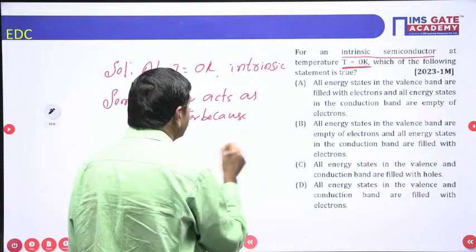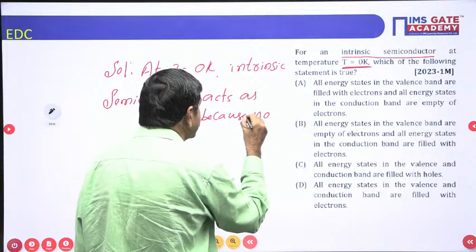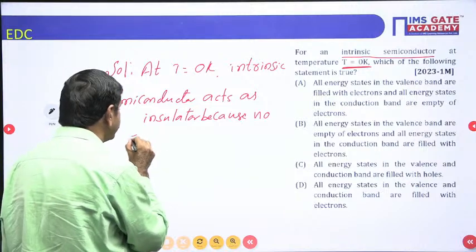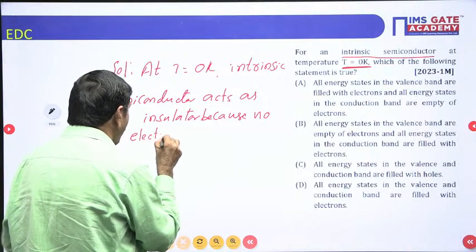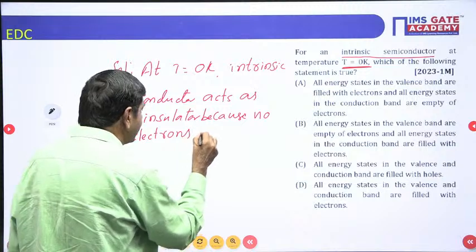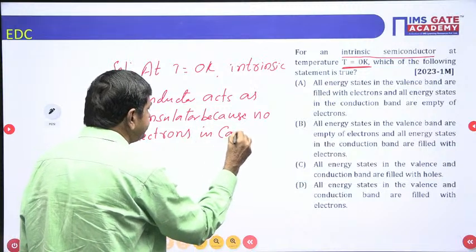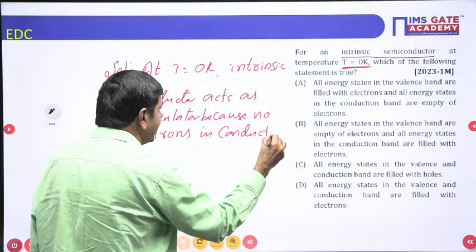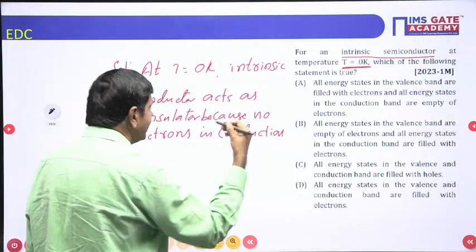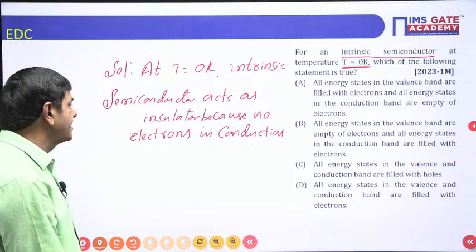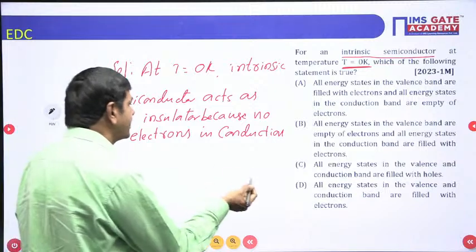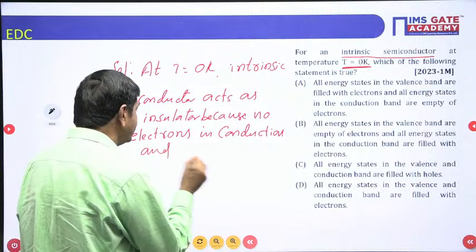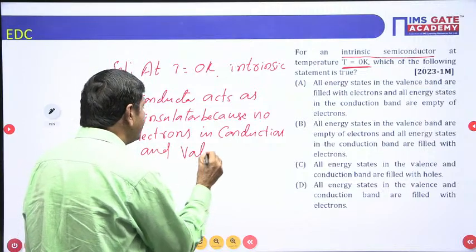there are no electrons in the conduction band. That means the conduction band is empty, and the valence band is filled with electrons only.